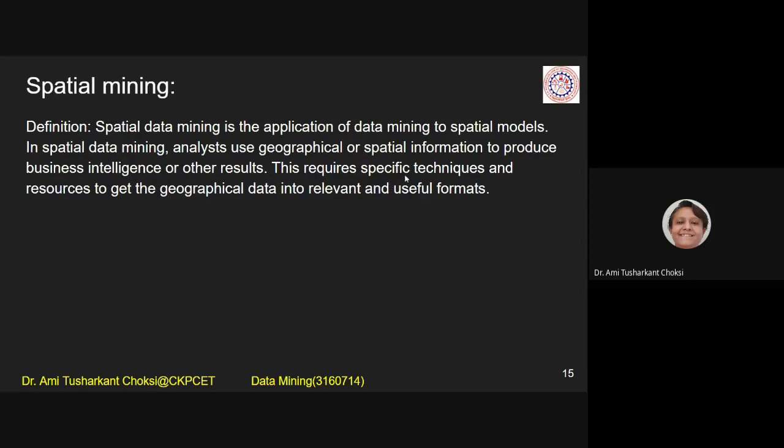This requires specific techniques and resources to get the geographical data into relevant and useful formats. So spatial means we are considering the geographical data and the relevant information in useful formats.